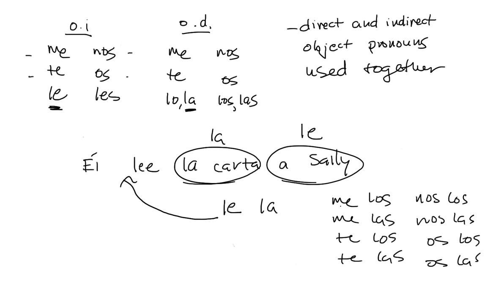This would mean to me them, to me them feminine, to you them masculine, to you them feminine. Okay, that is giving them to you, to me, etc., etc.